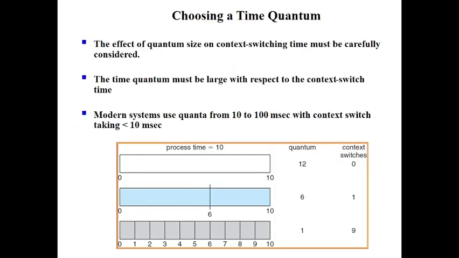We cannot keep the quantum time very large, because if we use a very large time quantum, then it is equivalent to FCFS. However, if we choose a very small time quantum, there will practically be a lot of context switch time.